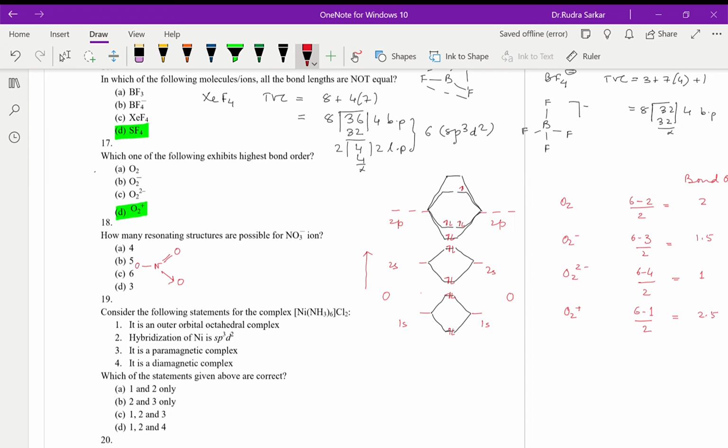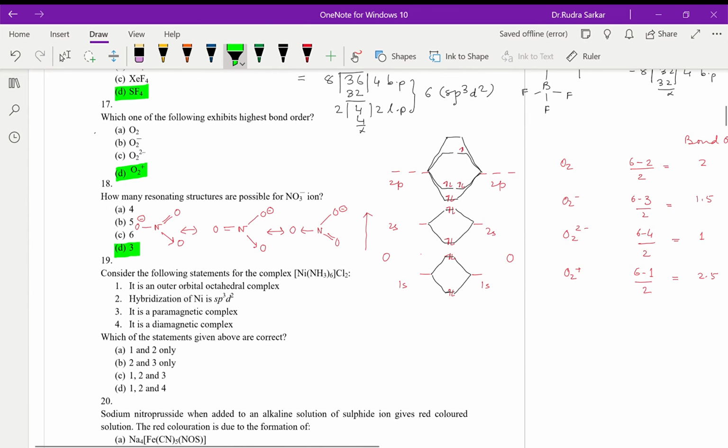The other possibility is this is minus, that is double bond, and that one, or the other possibility is this way, the double bond that remains as minus. So here we can see there is a possibility of 3 resonating structures for a nitrate ion.